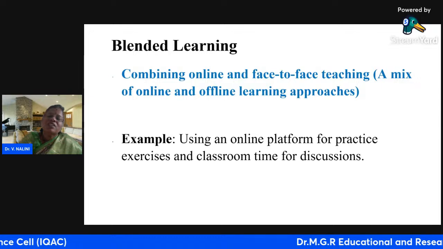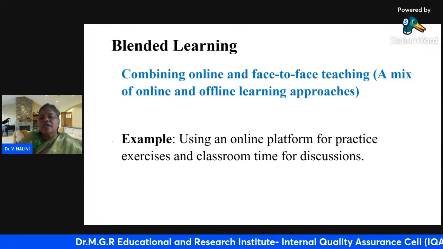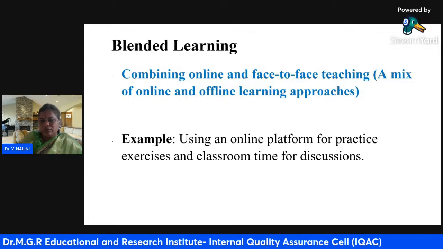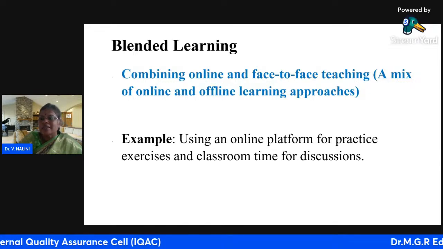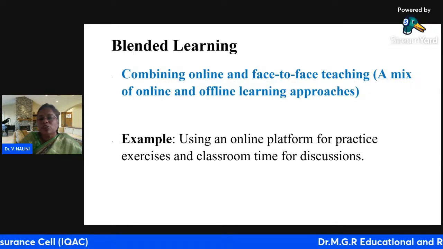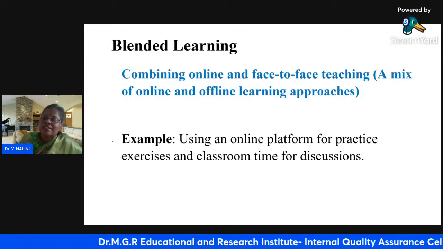In blended learning, the teacher can adopt any one method in the classroom, the offline method, and then assign worksheets through regular classrooms, or post video lessons or audio lessons, and ask the children to observe and learn at home, and in the class they discuss.